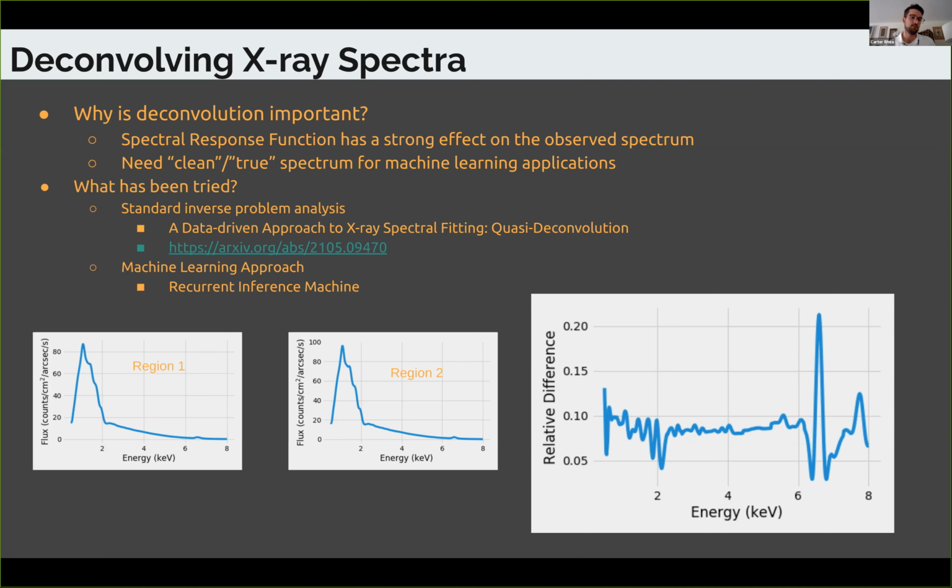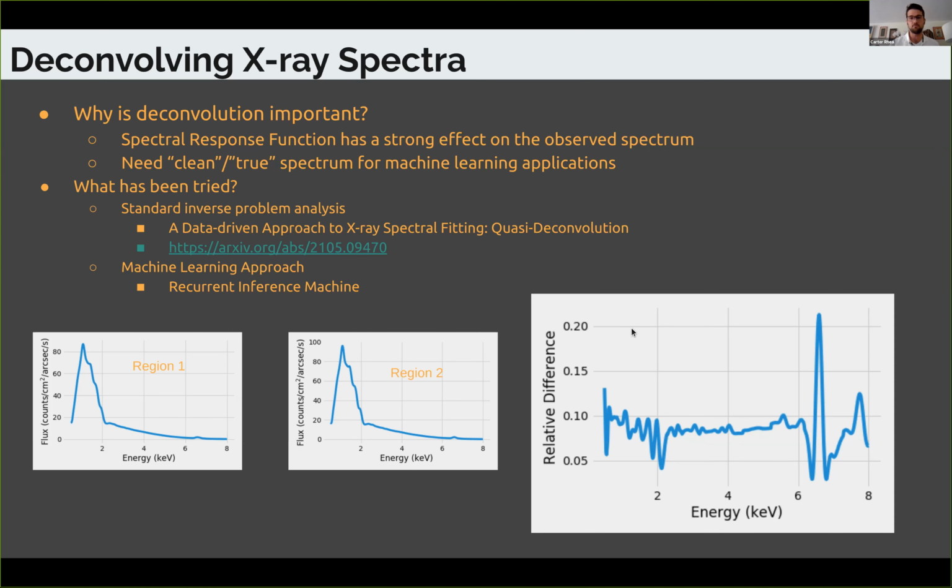And so what have we tried? Well, we tried a standard inverse problem analysis, using normal techniques to do deconvolution, solving the inverse problem. The issue is that the response matrix is extremely singular, or the problem is ill-posed. What that means is that it's very hard to do an inverse, and you introduce a lot of spurious noise that will mess up your inverse problem and make it impossible to find your true spectrum.